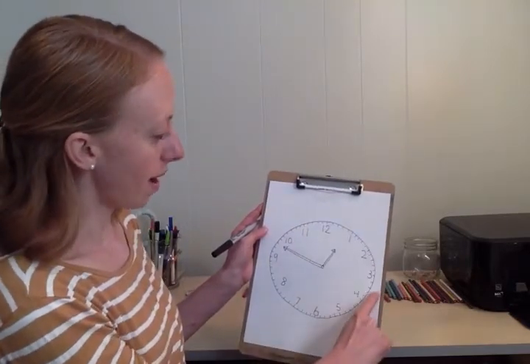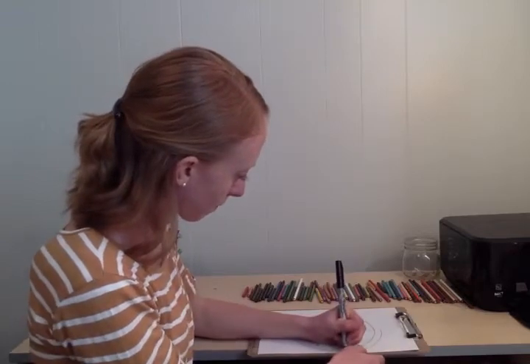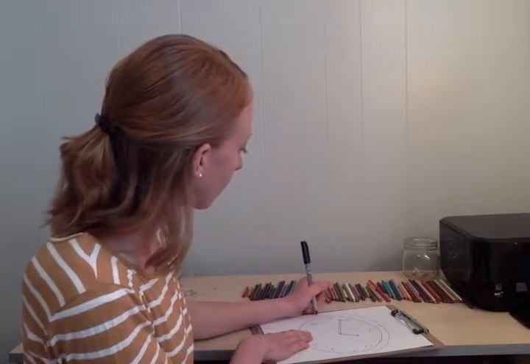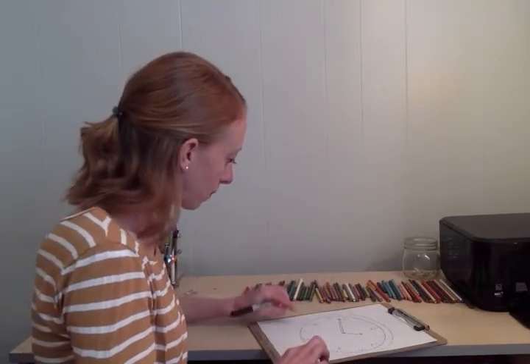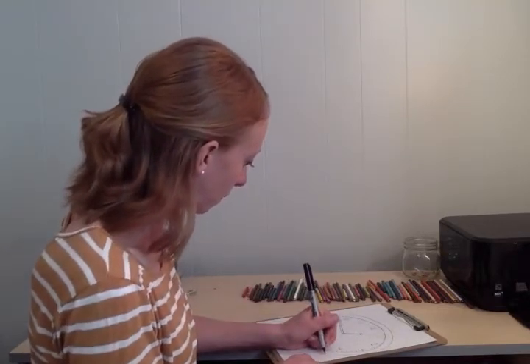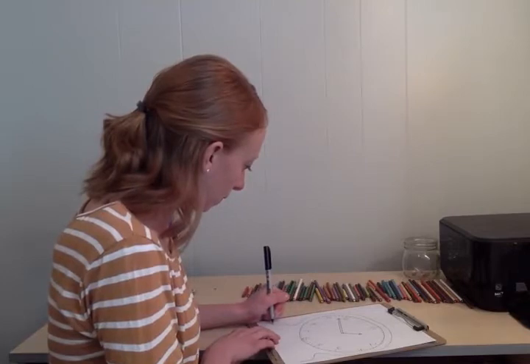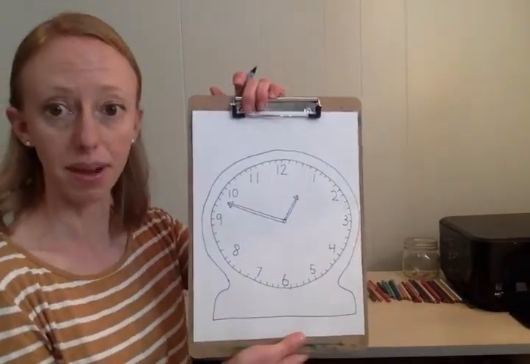So first, I'm going to draw my outline of the outside of the clock. Okay, so here's the shape of the outside of my clock.